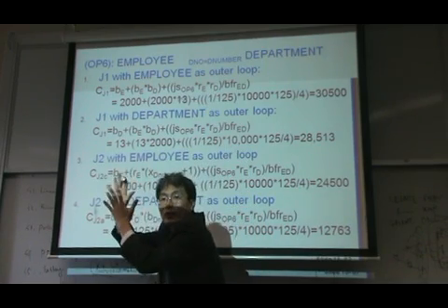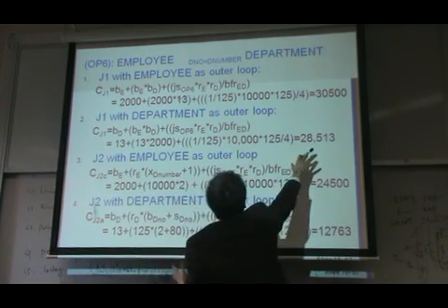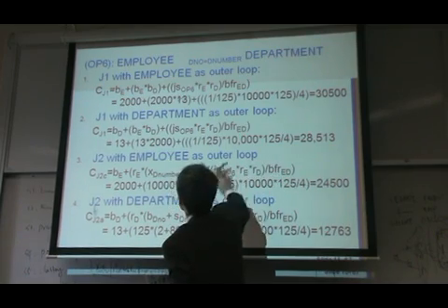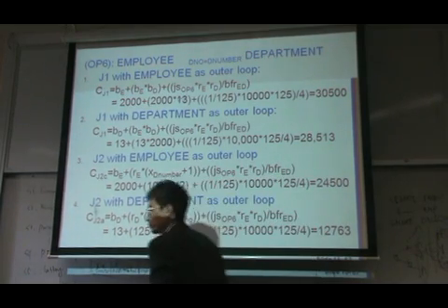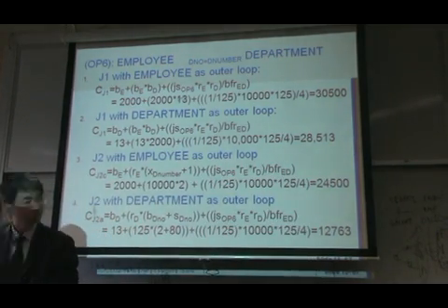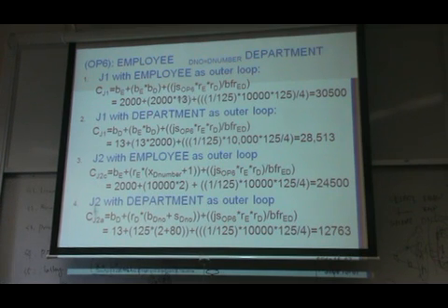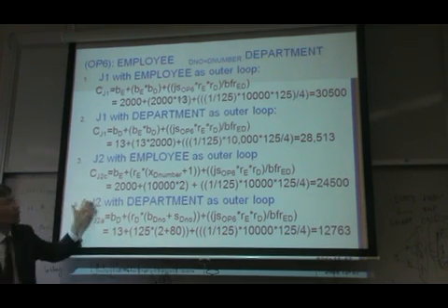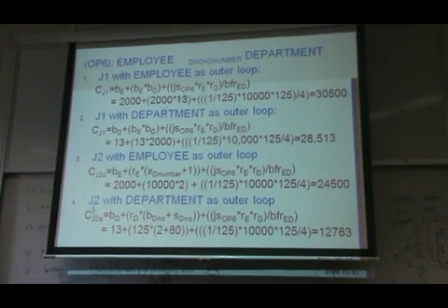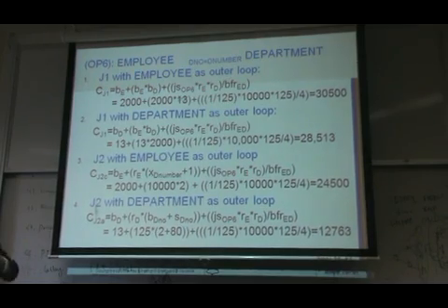It's a different order, so the output will be different. Then the different join methods. First, nested loop join. So J1 is the nested loop join. The second is the single loop join. In this case, we are going to use the index for the outer join.